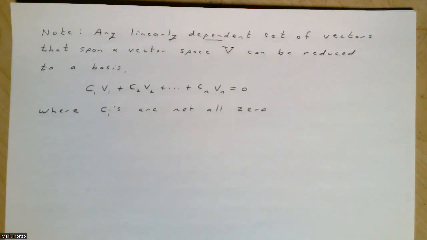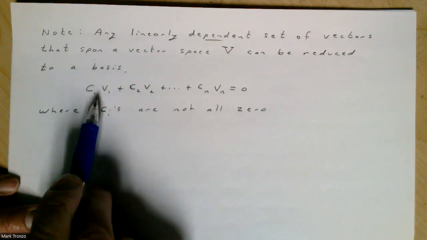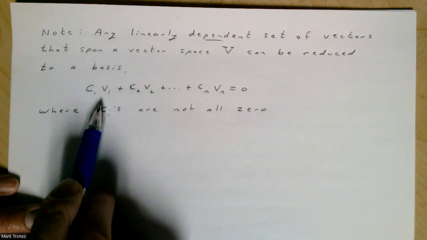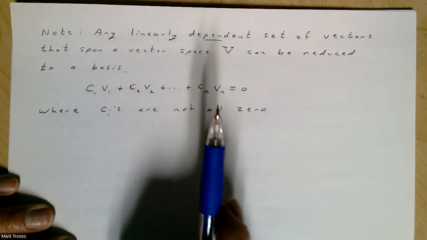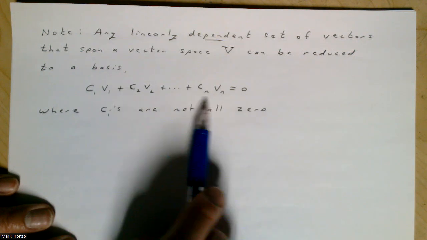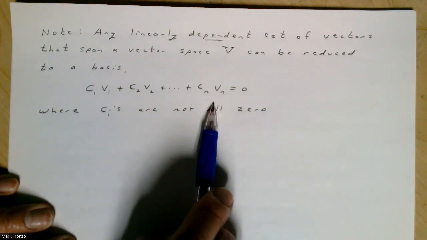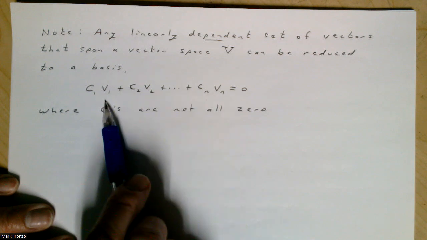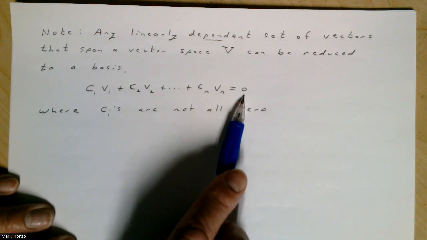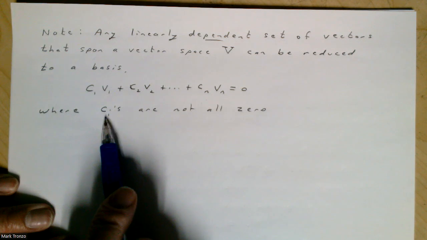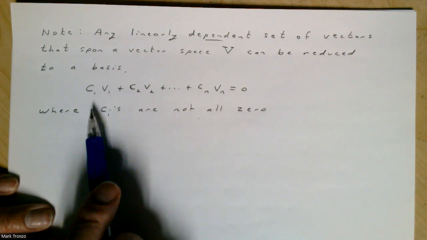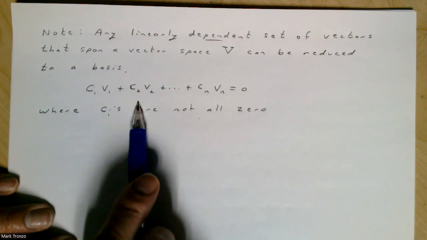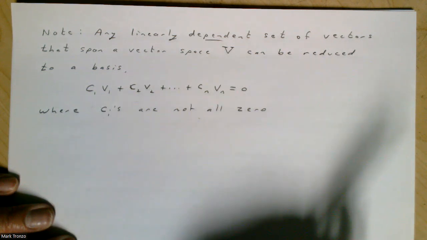And so what you can do is, let's say one of these isn't zero. And of course, if you don't have the zero vector in the set, and you still can make this zero by having some C's that are not all zero, you'll have at least two C's that are not going to be zero.